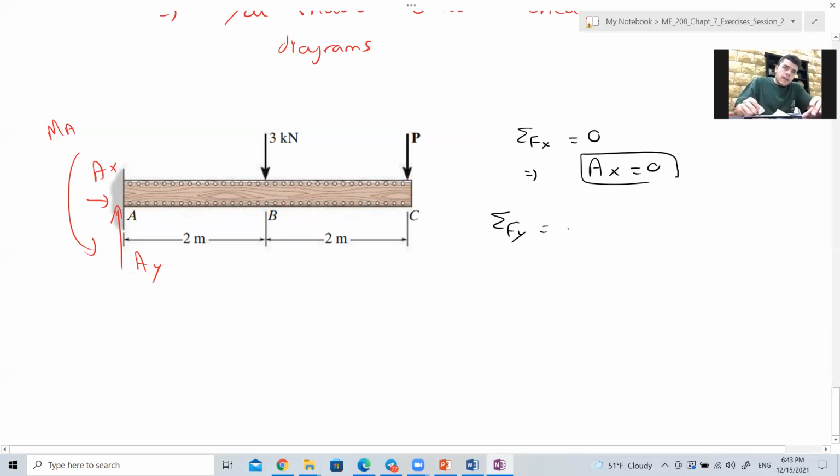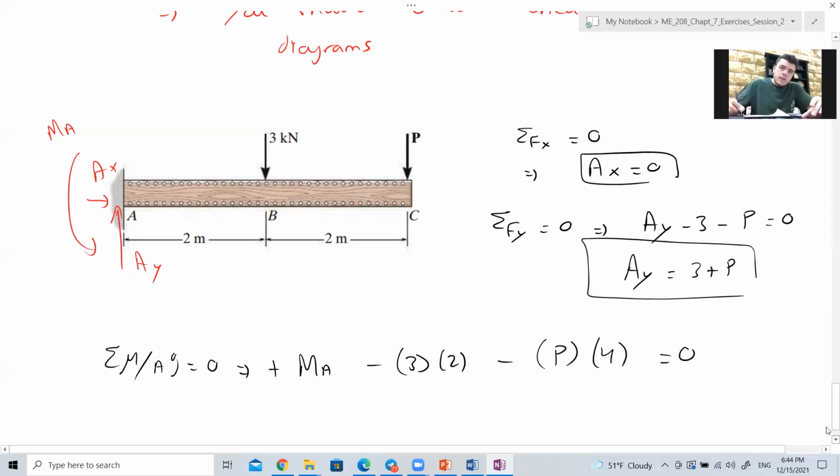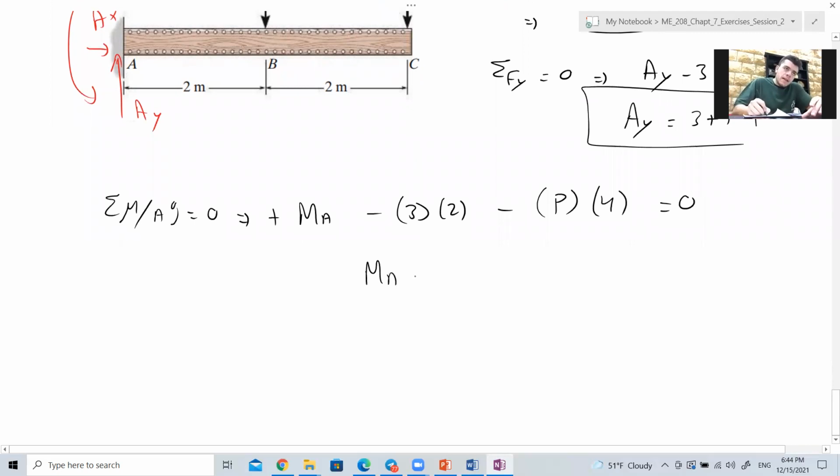Summation FY equals zero, so AY minus 3 minus P equals zero, meaning AY is 3 plus P. Summation of moments at A equals zero, so plus MA minus 3 times 2 minus P times 4 equals zero, meaning MA is 6 plus 4P.